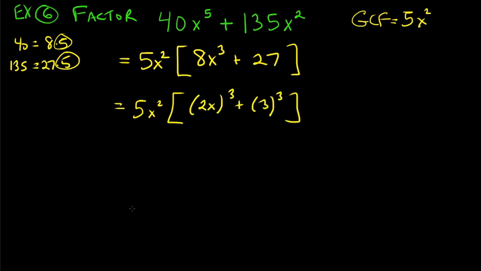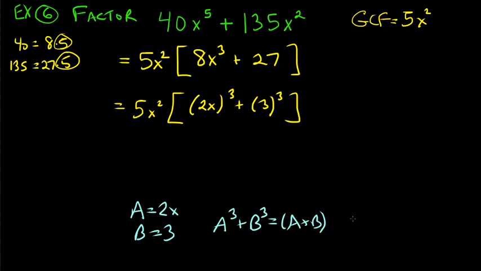So my a here is 2x and my b is 3. And this is a sum now, so we're going to factor a cubed plus b cubed as a plus b times a squared minus ab plus b squared.